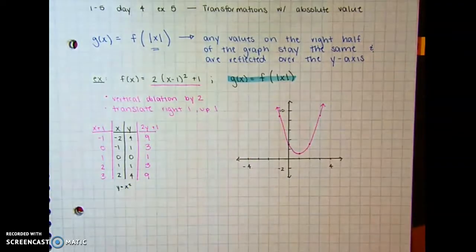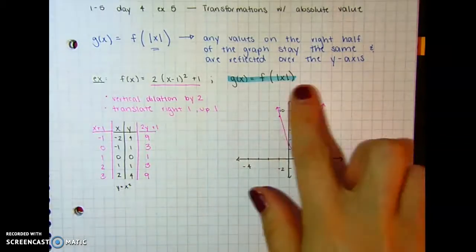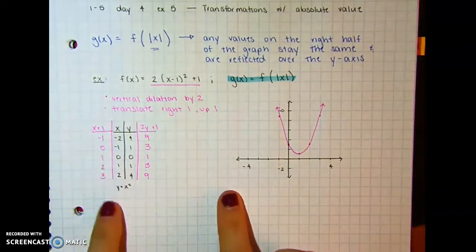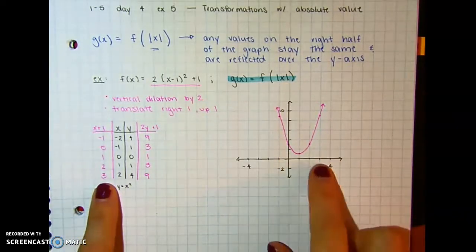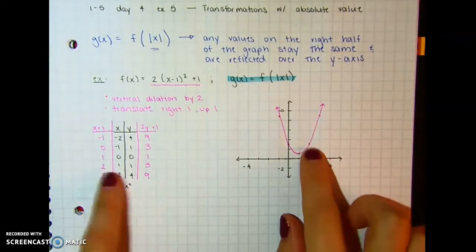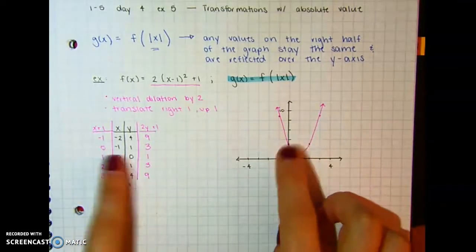Okay, so how do I graph what I want? So this isn't even like our answer. Remember, this is the absolute value of the x values. So the absolute value of 3 is 3, so we still have the point 3, 9. We still have the point 2, 3, 1, 1, and 0, 3.